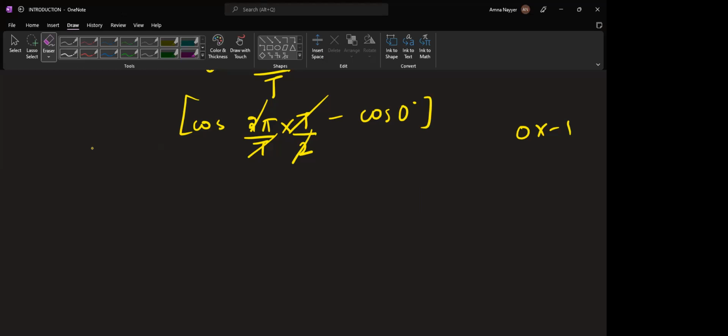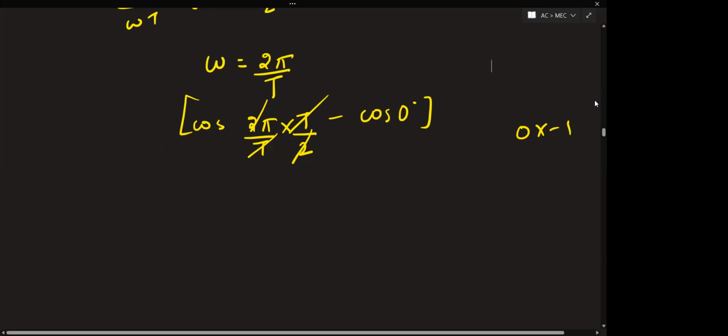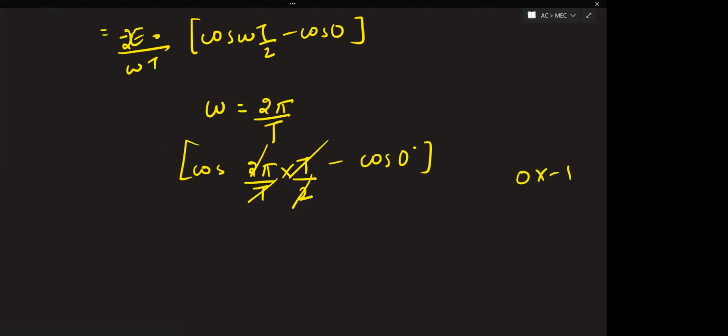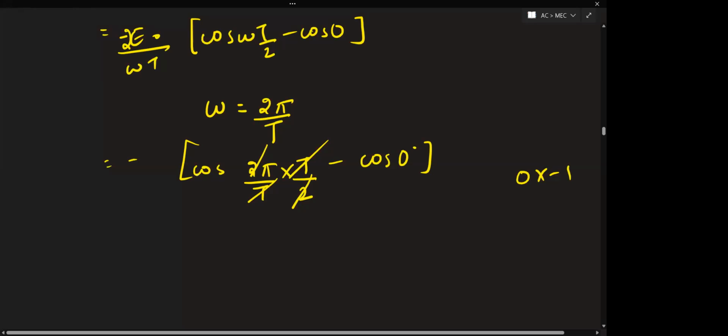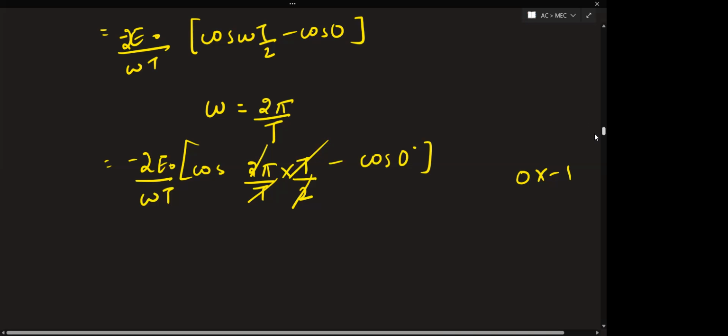So till here it was 2 E naught divided by 2 pi by T. So the change that will occur is minus 2 E naught by omega t. This I had written for half cycle.